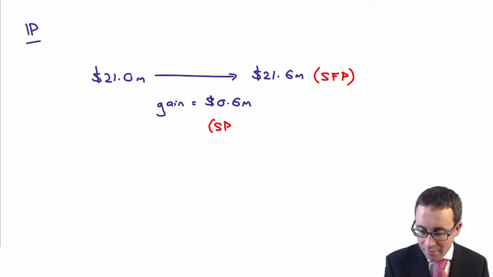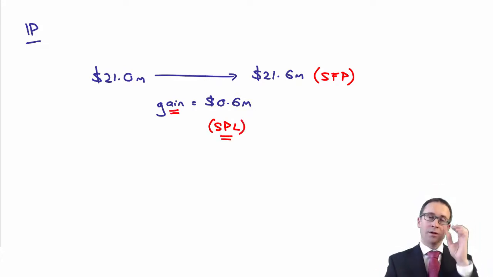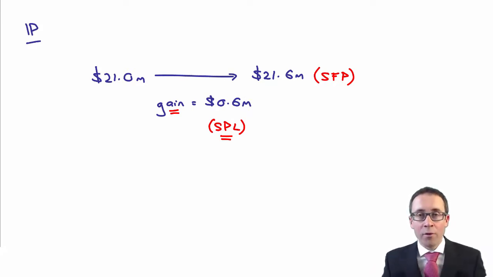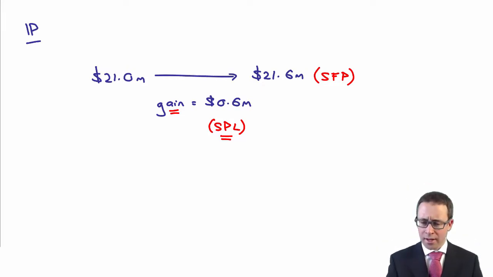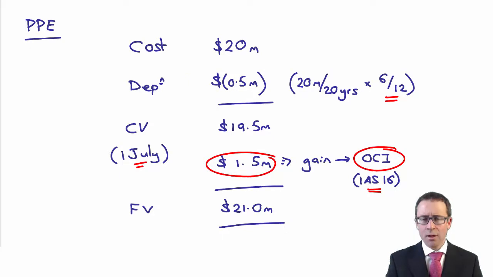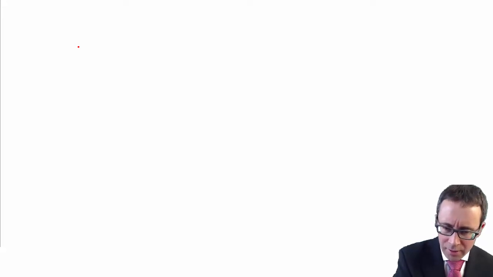Now it is an investment property. So the gain, or even if it were a loss, goes to the statement of profit or loss. Okay, there you have it. So on the SFP at the end of the year, you have 21.6 million. There's a gain of 0.6 million, and there would have been depreciation, I think, of 0.5.